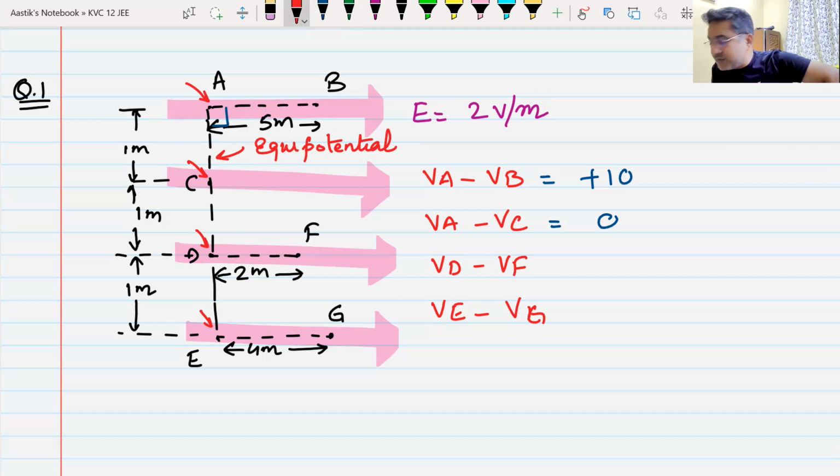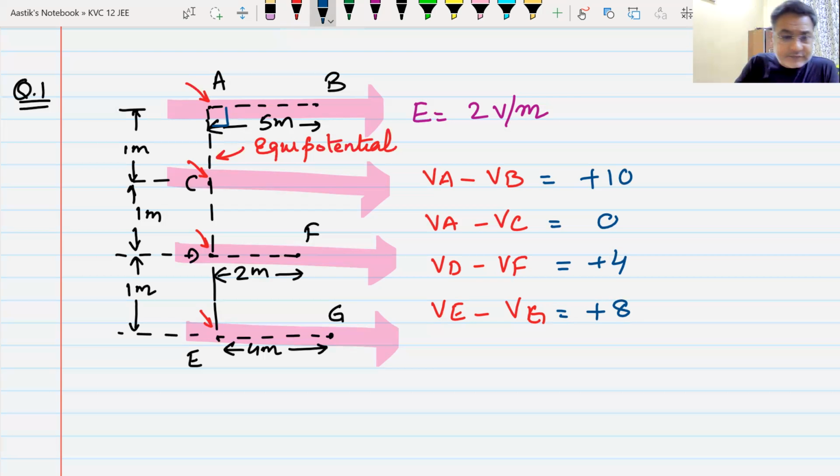Okay, what is VD minus VF? Which point is at a higher potential? 4. It is plus 4. What is VE? Plus 8. Everyone understands this, how it is done? Yes or no? Okay.